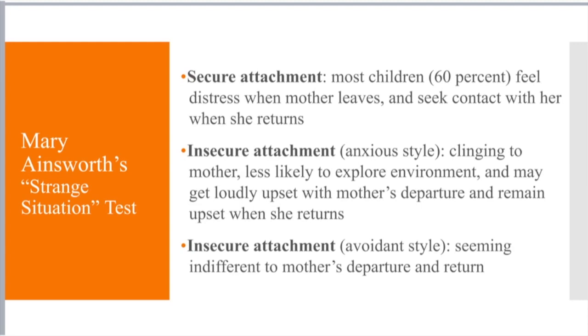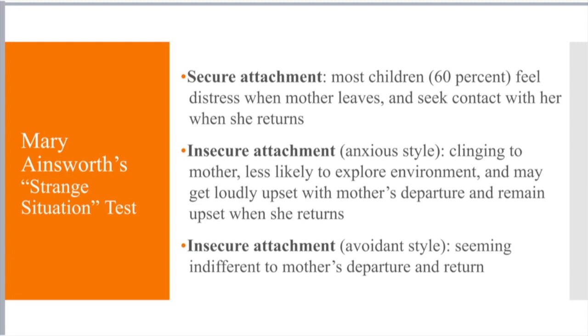And the last one here is insecure attachment, avoidant style, which is seeming indifferent to mother's departure and return. This is often from neglect, abuse and other more negative behaviors from a parent, whereas the anxious style would probably be more like a helicopter mom as we know them today, or an angry, temperamental mom who might get upset with temper tantrums.